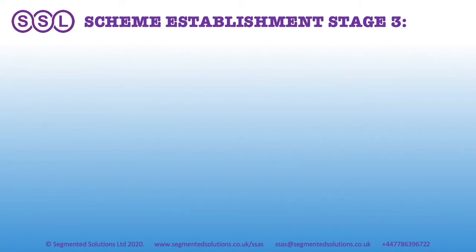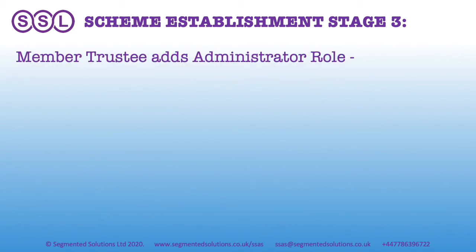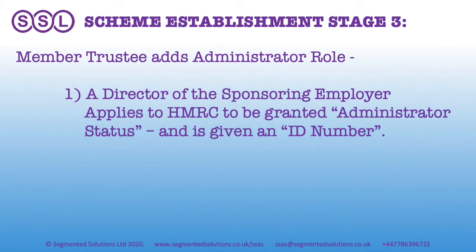So let's have a look at the final stage. Member trustees are added to the administrator role. So although we, Segmented Solutions, start off as your scheme administrator to make it live, once it's live, a director of the sponsoring employer themselves applies to HMRC to be granted administrator status and to be given their administrator ID number.